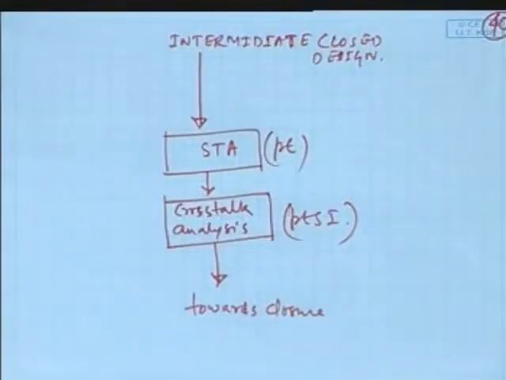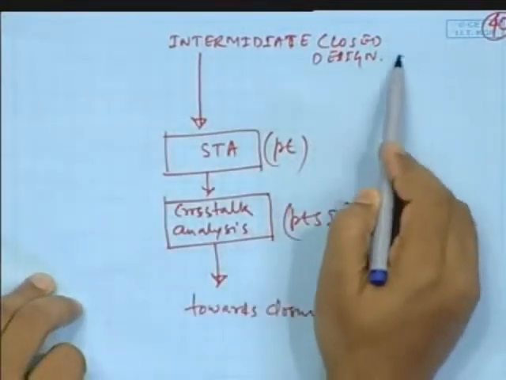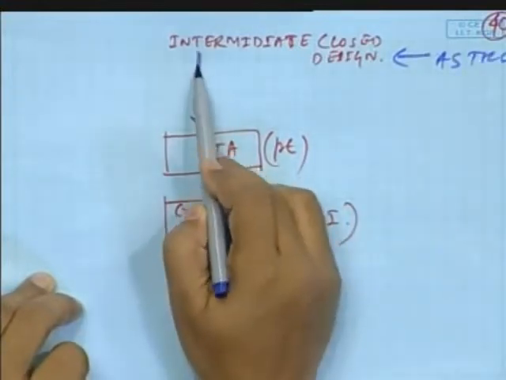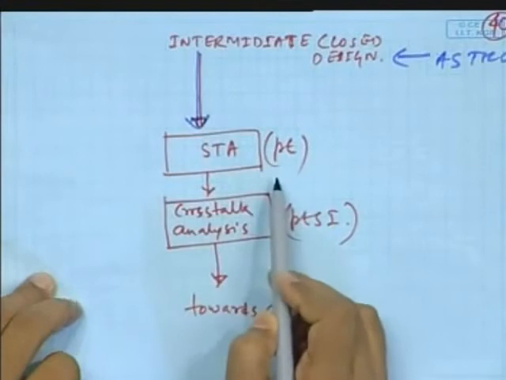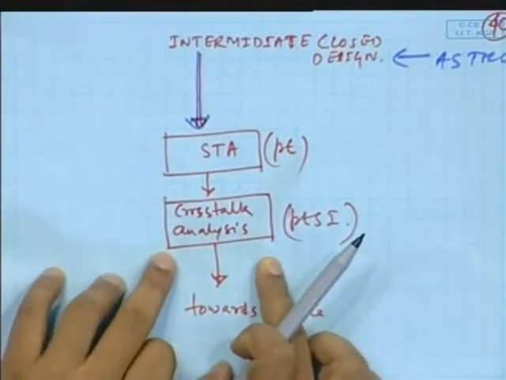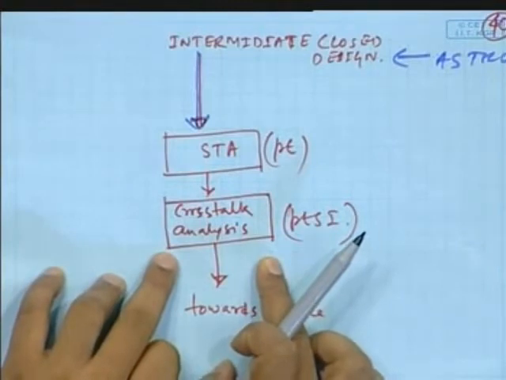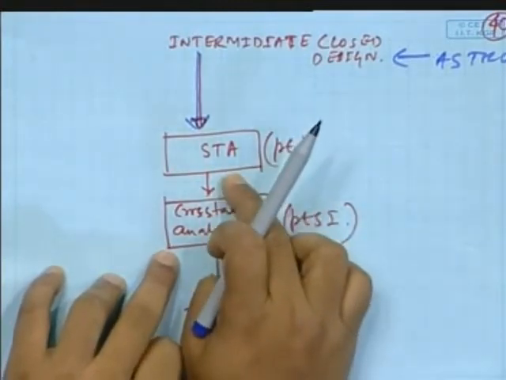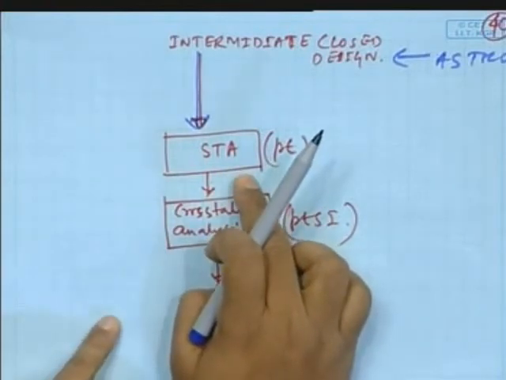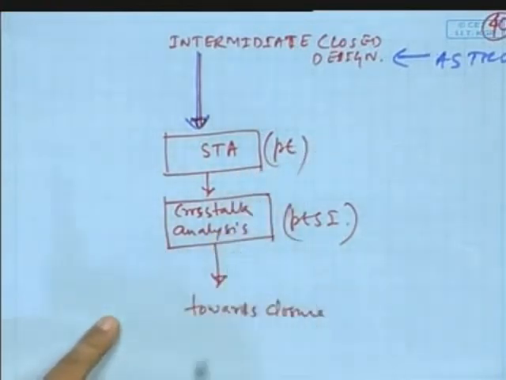Typically the flow with crosstalk analysis is this: this is an intermediate closed design, which might be coming from Astro. In that engine, first you do the STA without switching on the crosstalk analysis. Once this meets timing and all other aspects, then you switch on the crosstalk analysis.